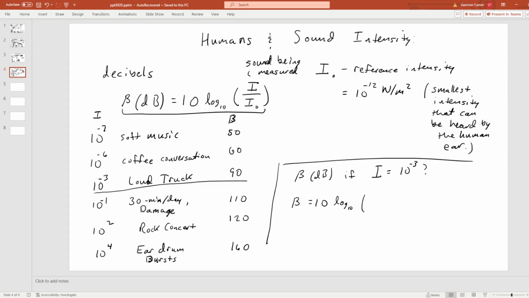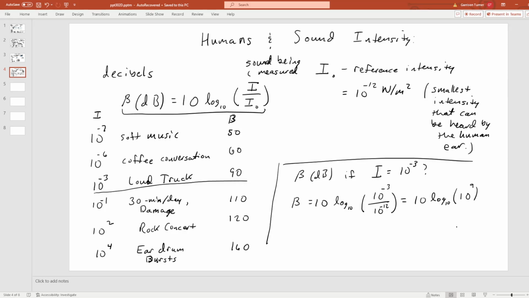And so then we're going to take this ratio of 10 to the negative 3rd divided by 10 to the negative 12. Okay. And so 10 to the negative 3rd divided by 10 to the negative 12 is 10 to the 9th. And 10 to the 9th, if I take the log of that, should be 9.